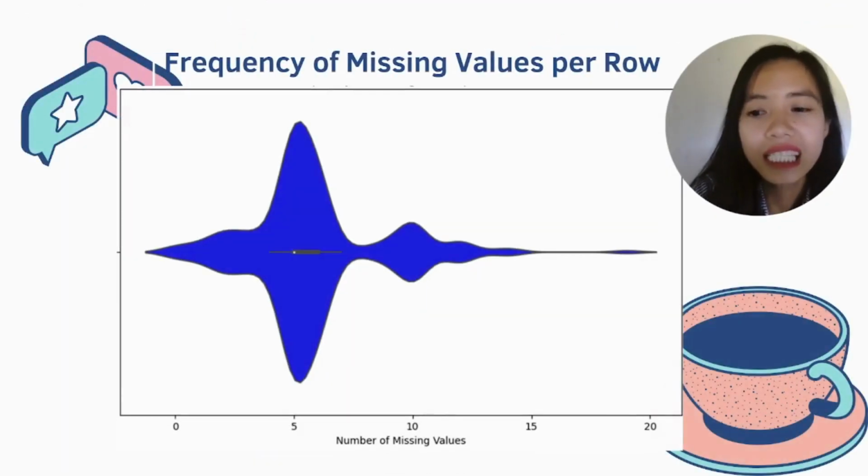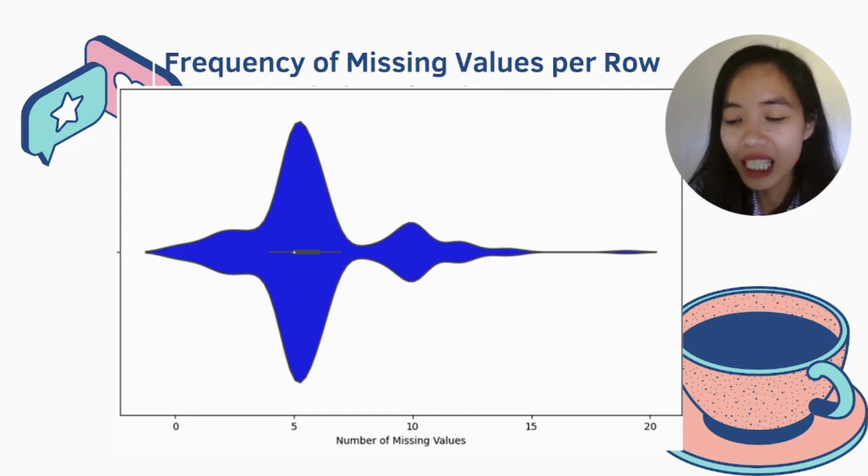And last but not the least, I'll show you the Boolean or box plots that I used. Actually, it's my first time using it in data visualization, and I'm happy about the result. Here you can see the frequency of missing values per row.